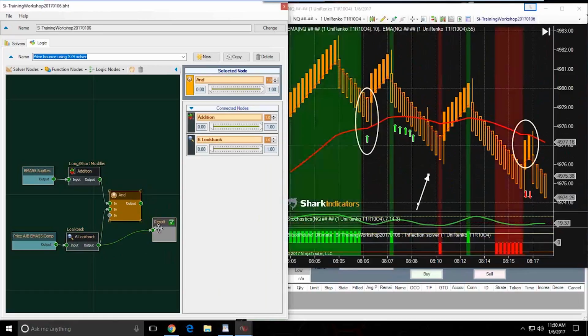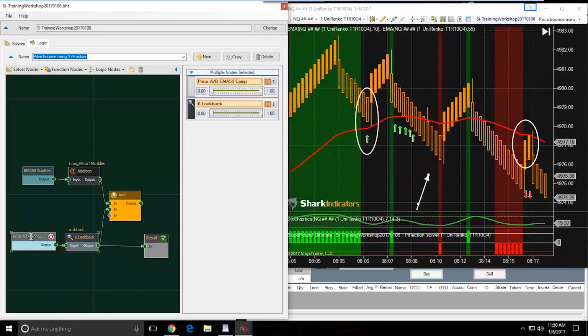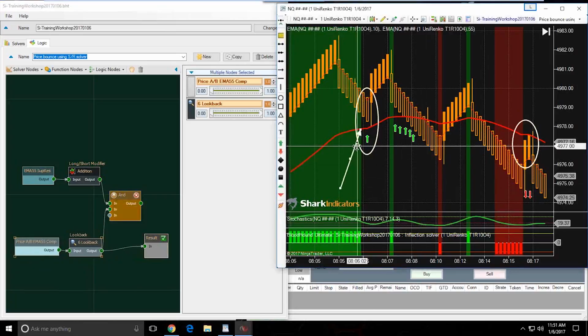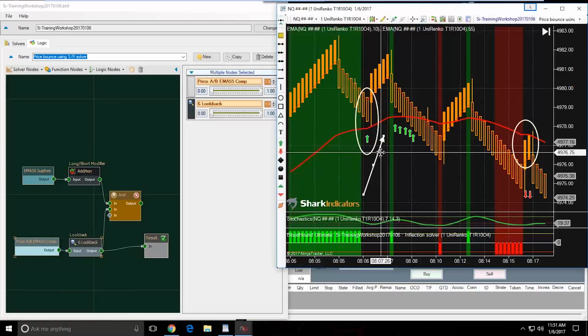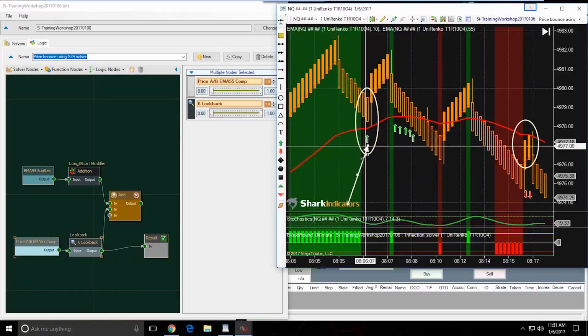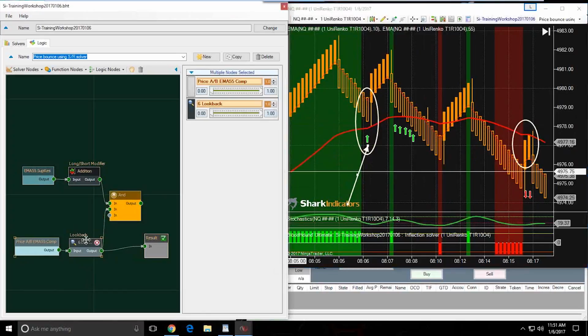So what we need to do is take our trend logic and extend it forward onto the bar where price gets close enough to our EMA. Let's see one way we can do that.